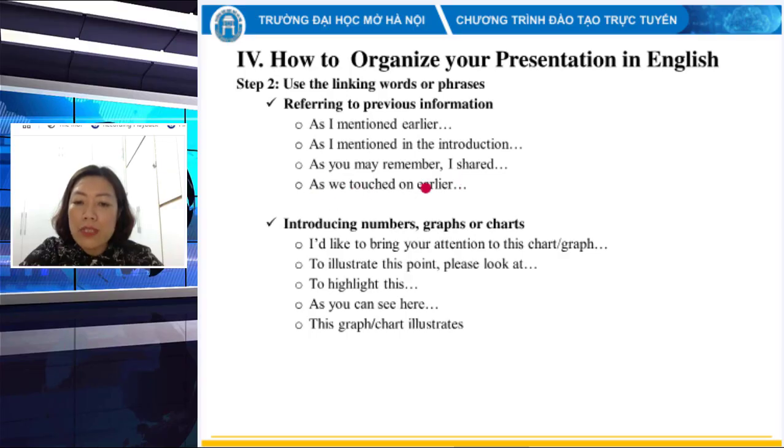To illustrate this point, please look at, to highlight this, or as you can see from here, or you can say the graph illustrates. So you show the chart or the pictures, and you use these phrases to highlight the points. And then you explain what the data is like. Explain clearly.